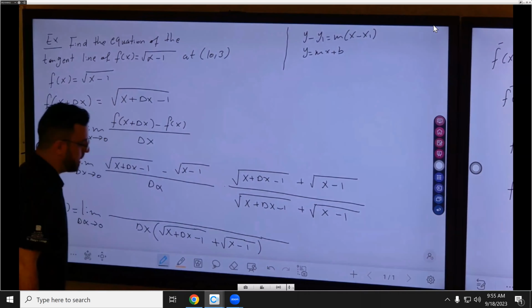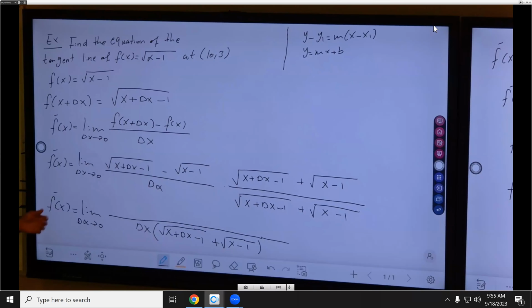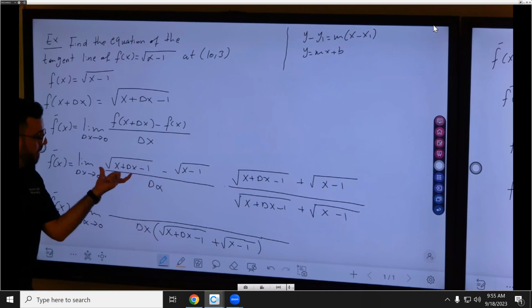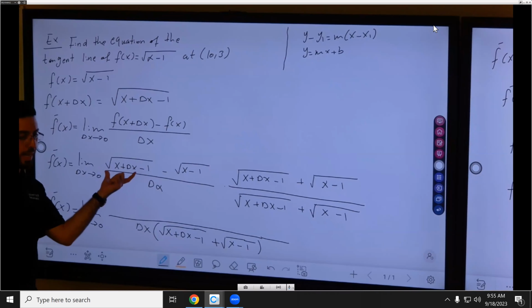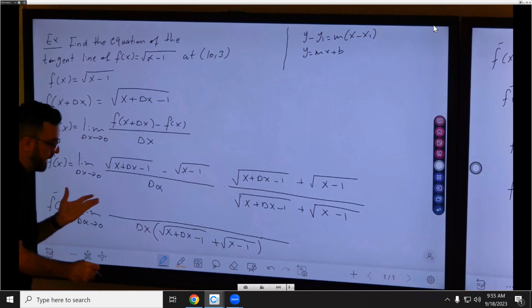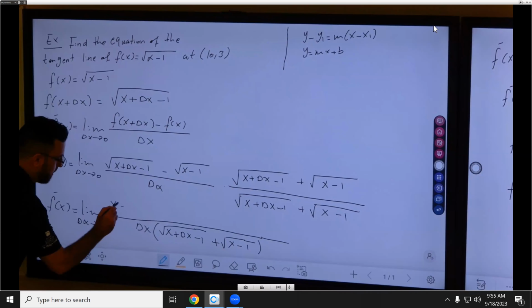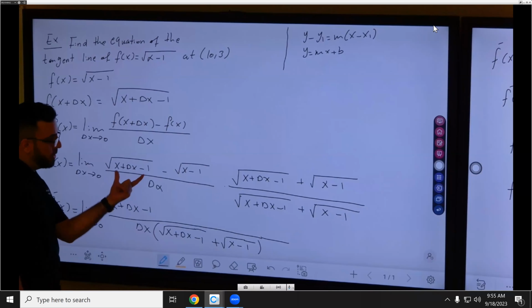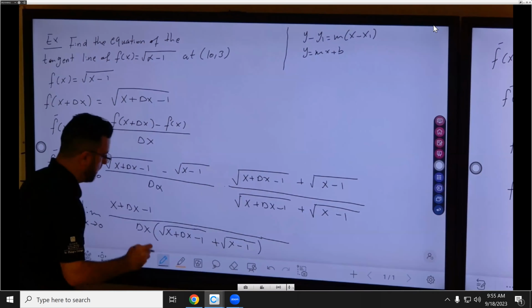I'm not going to do anything with the bottom part. Now let's multiply the top. That's the important thing. That's going to be x plus delta x minus 1, because when we multiply radical with radical, it cancels. Multiply this one, same thing.